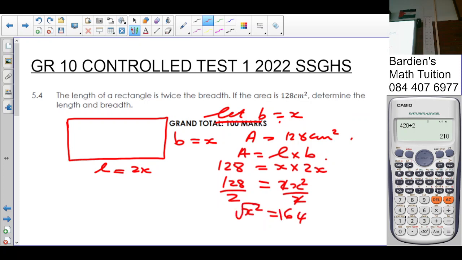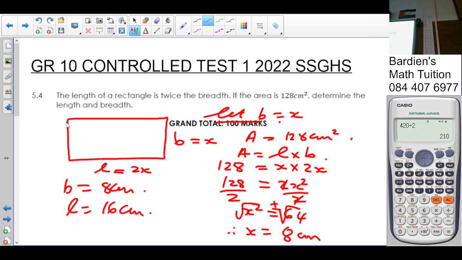The square root thereof, must not forget, plus minus. However, we're talking about length here, and length is never negative. So therefore x is equal to 8 centimeters, which is my breadth. And the length, of course, is double that, which is 2 times 8, which is 16 centimeters.